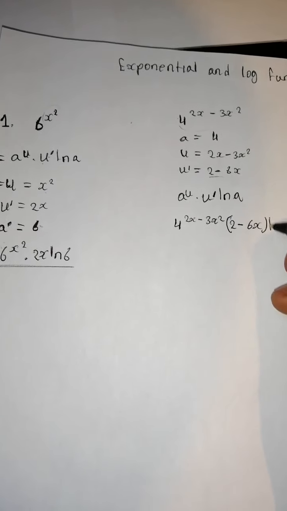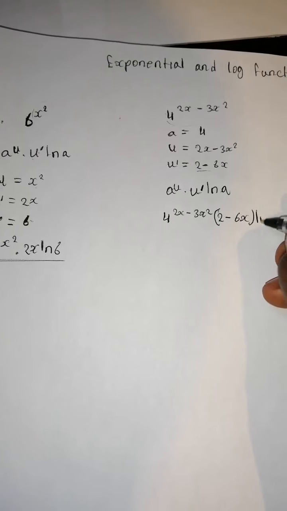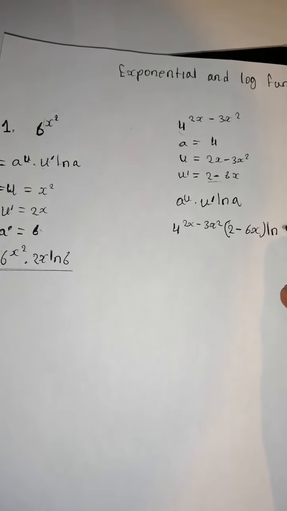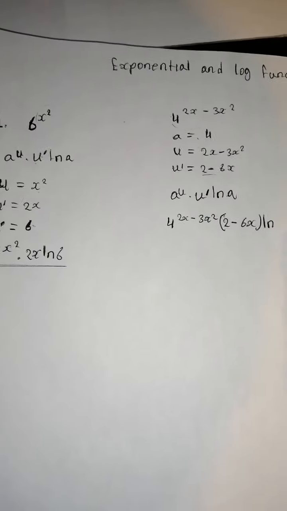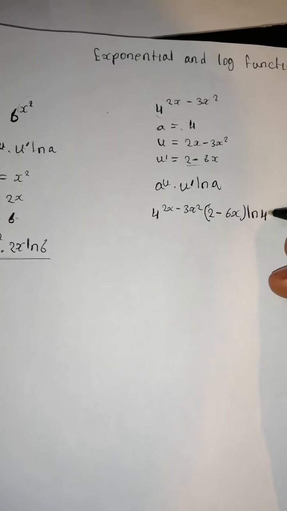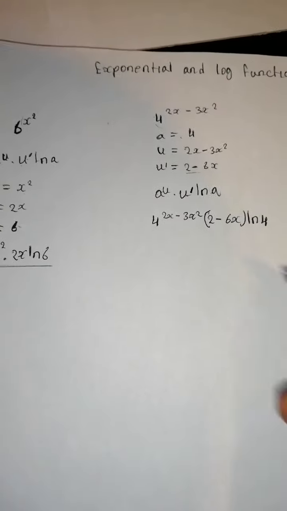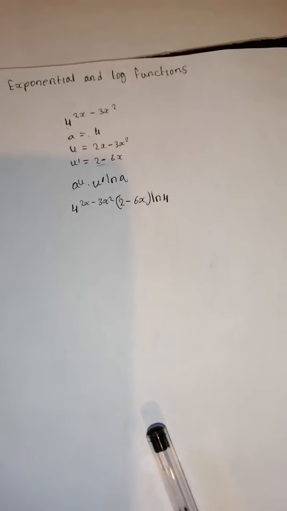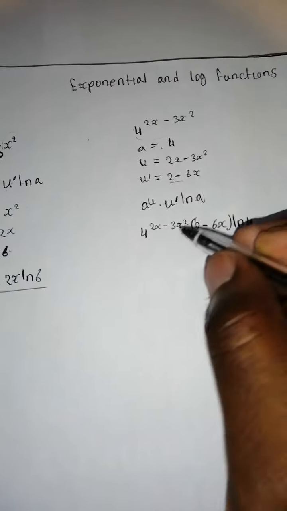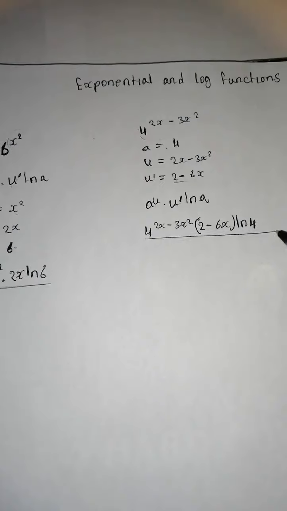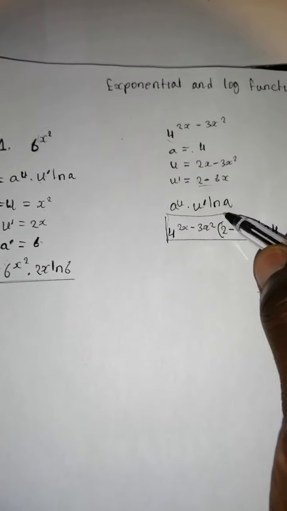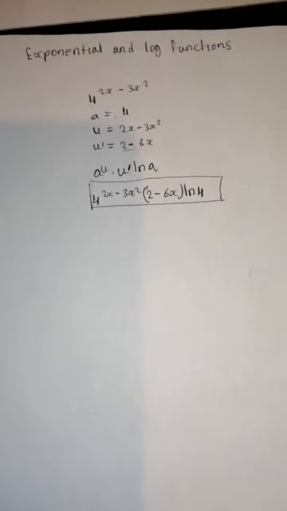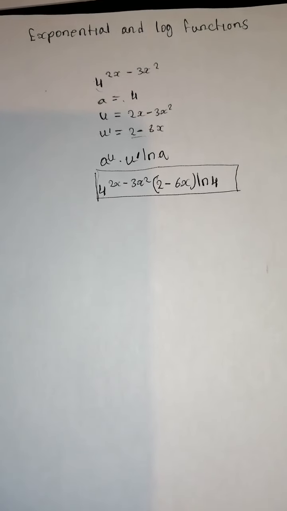After writing this, write ln. Instead of writing a, we write the value of a, which is 4, so ln 4. So this is the answer. That's how we can find the derivative of this exponential function.